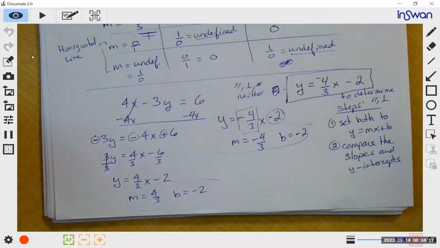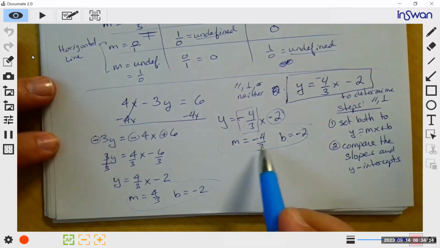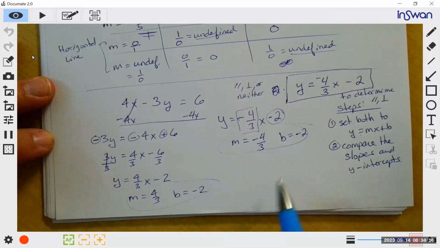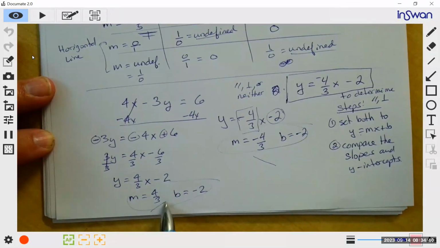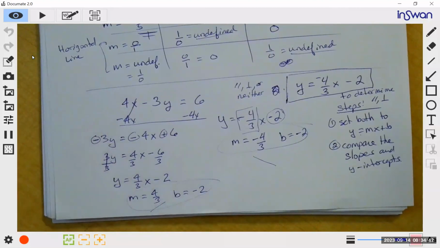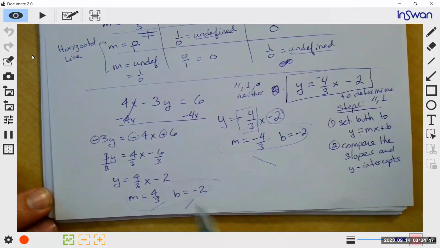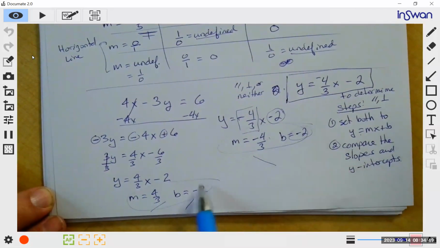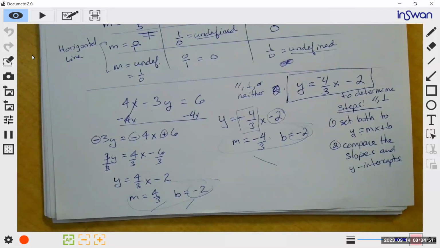No. Look at the slope. What's the slope? This one goes down. What's the slope? Yeah. So again, the negative signs are going to hurt. This one's going down, this one's going up. The only thing they have in common is the y-intercept.